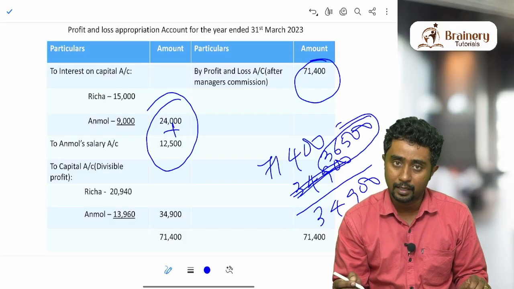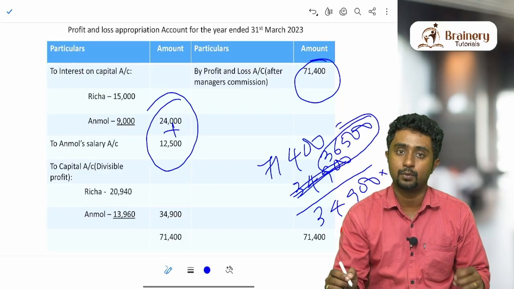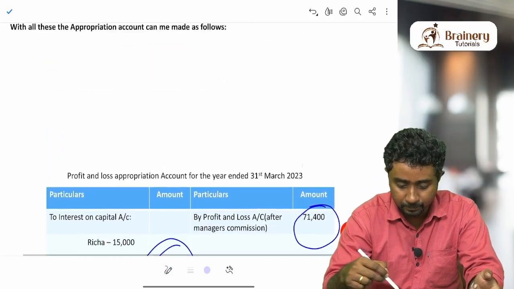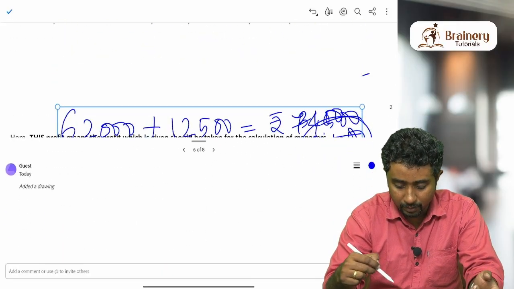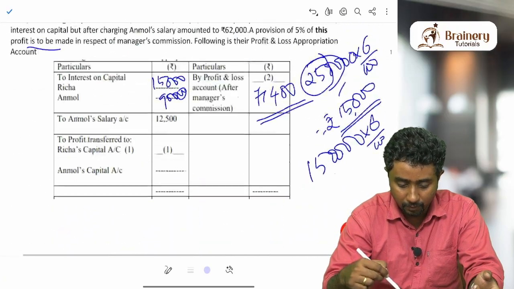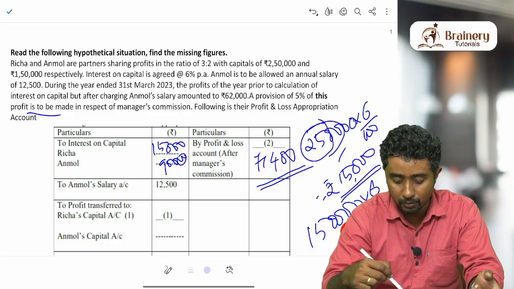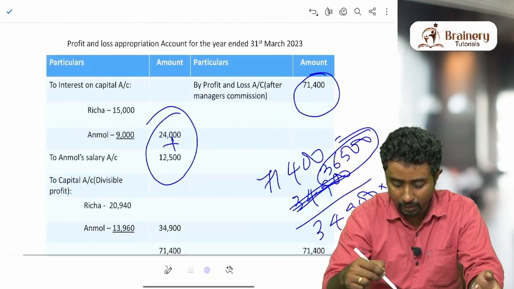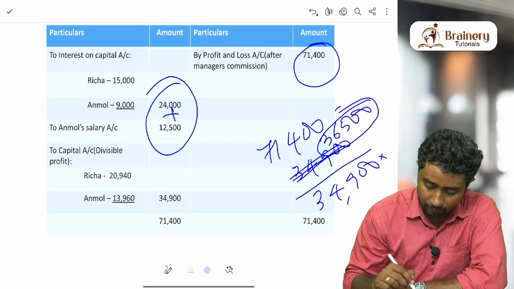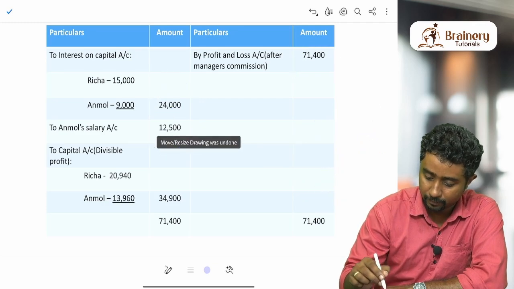So 34,900 should be shared in the ratio given in the question, the profit sharing ratio, which was 3:2. So you share 34,900 into 3 by 5 and 34,900 into 2 by 5.